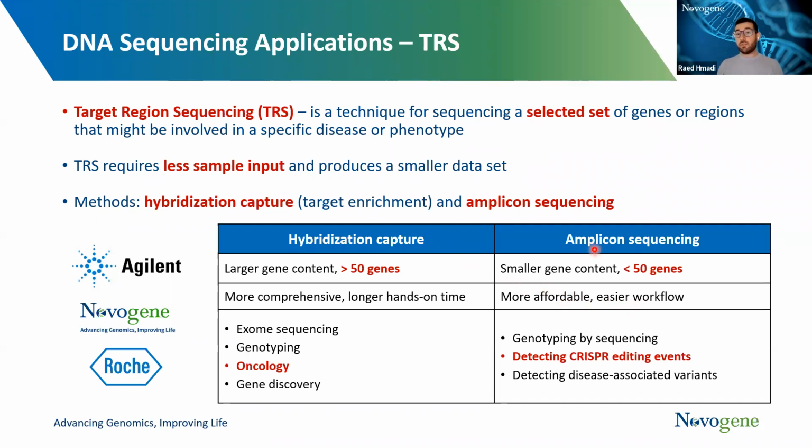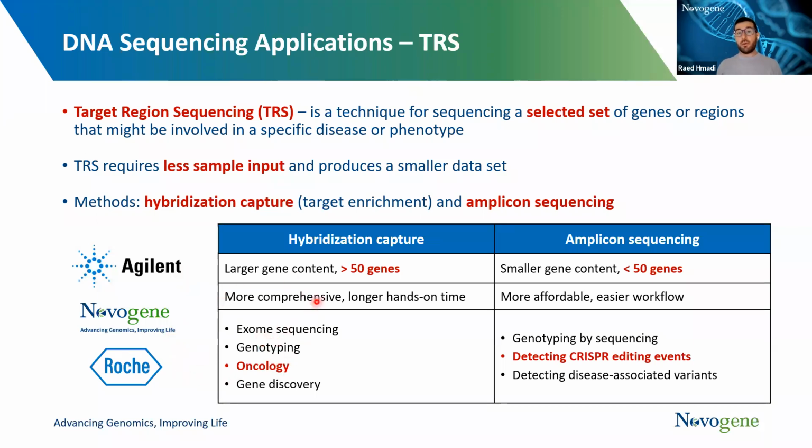Several applications benefit from amplicon sequencing, including genotyping by sequencing, detecting CRISPR editing events, and detecting disease-associated variants. I would like to highlight here that hybridization capture usually relies on pre-developed panels, such as those provided commercially by various companies, including Agilent, Novogene, or Roche.